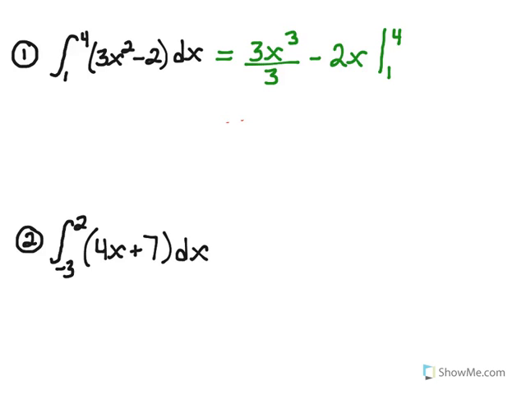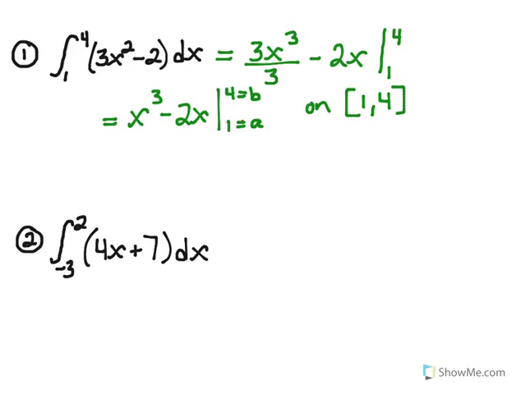Now if I simplify that, what I really have here is x cubed minus 2x, and then this means evaluate from 1 to 4. So that means 1 is a and 4 is b. We're talking about on the interval from 1 to 4.